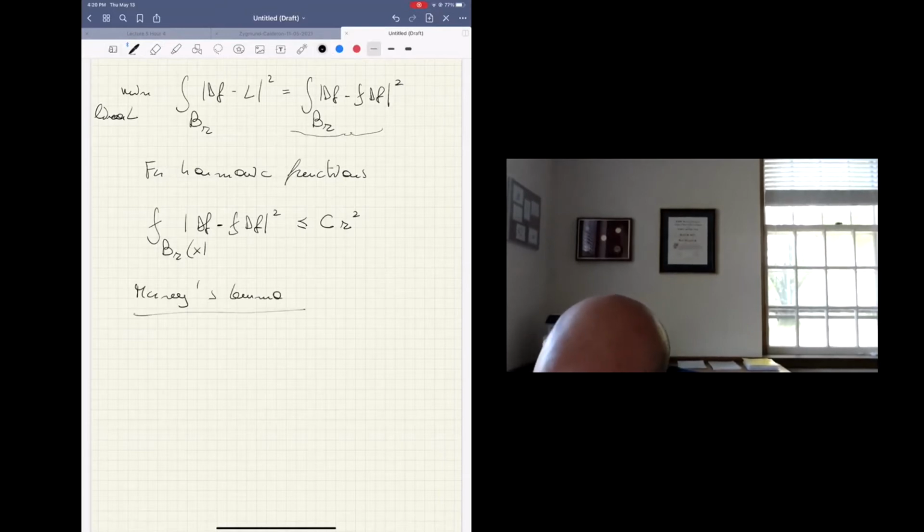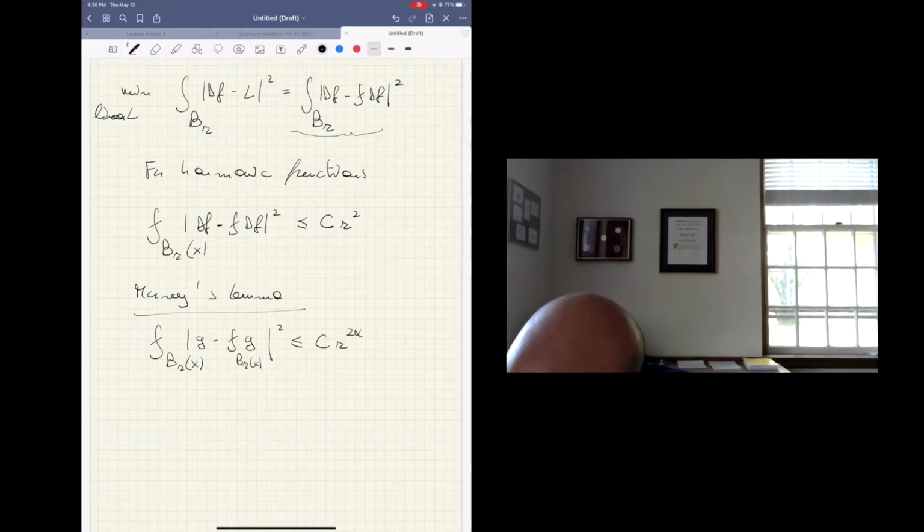If you have a function g such that the average over the ball of radius r of g minus the average of g over the same ball has an estimate of the type constant times r to the 2 alpha for every x and r, then g is C0 alpha. And if you have something like that at the level of the derivatives, then what you get is that f is C1 alpha.